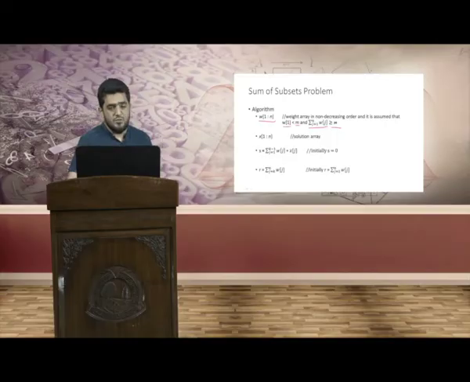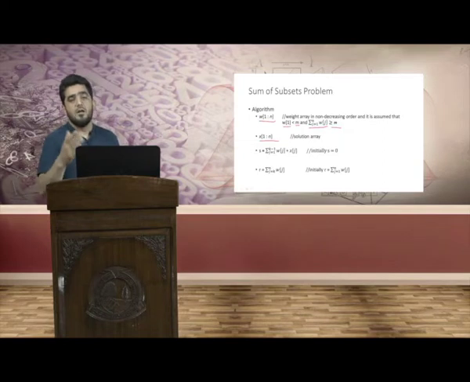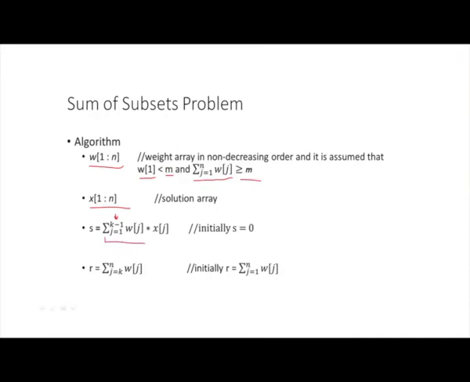Now, the solutions will be saved in this array x, which again has elements from 1 to n. As I told you, we will be considering a fixed size tuple solution. Let's suppose we are at level k minus 1. Then in S we are saving the sum of the weights that we have considered so far.